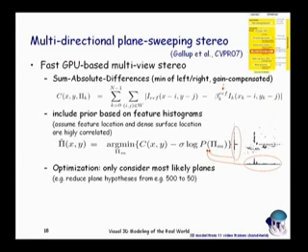So basically, going back to the stereo algorithm, what we do now is, again, the same thing: sum of absolute differences, left, right, and gain compensated. We can also now include priors, because we have now looked at the structure of the scene.